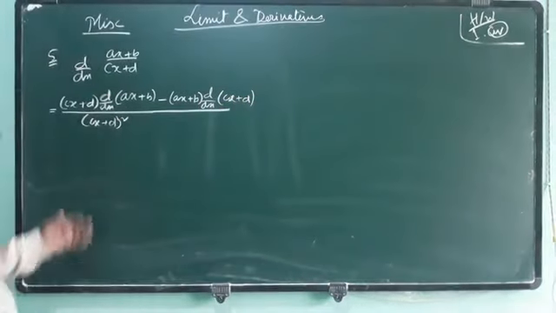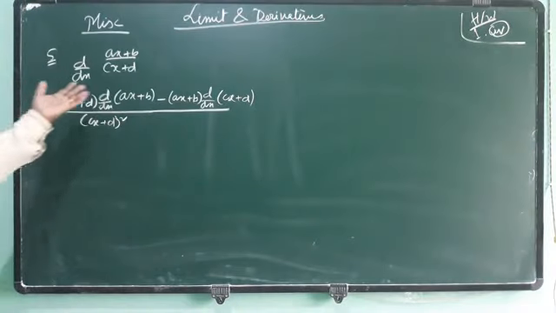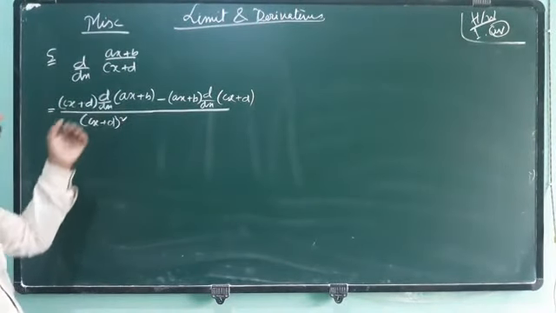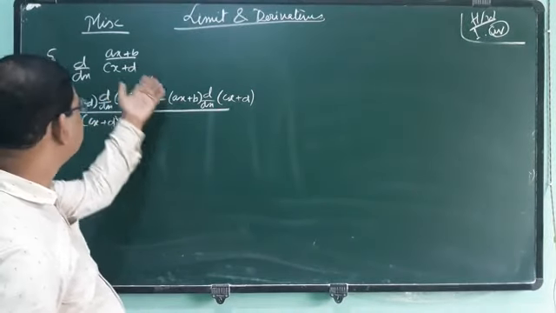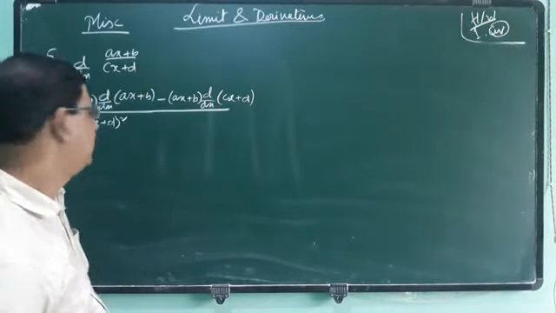So students, this is u by v differentiation: denominator square, denominator into differentiation of numerator minus numerator into differentiation of denominator.